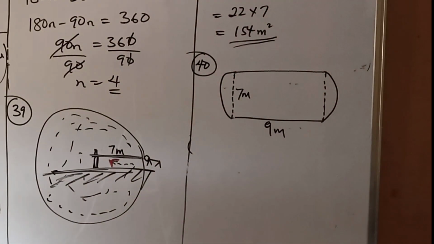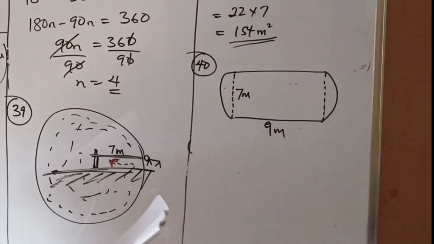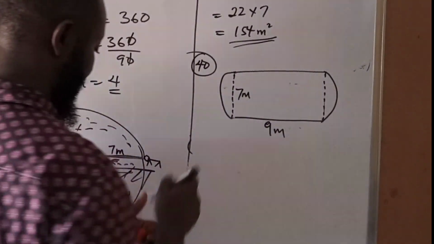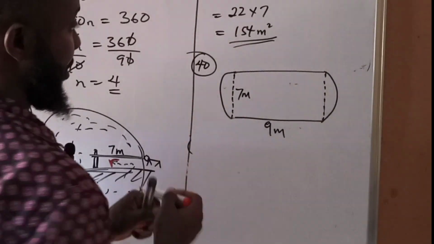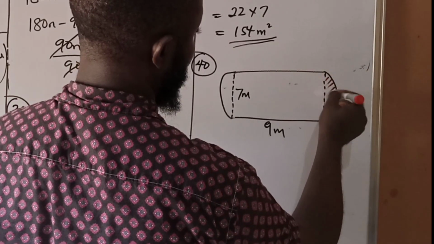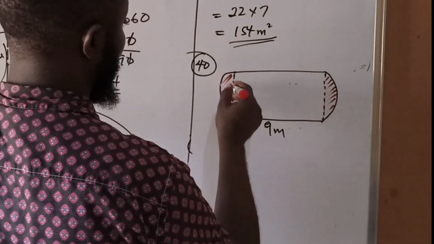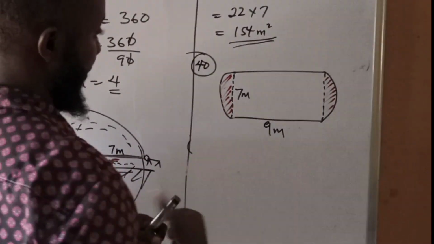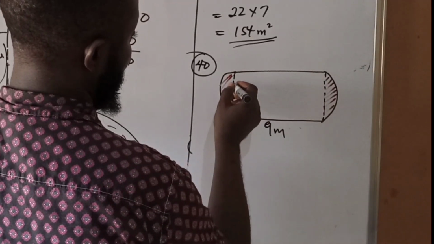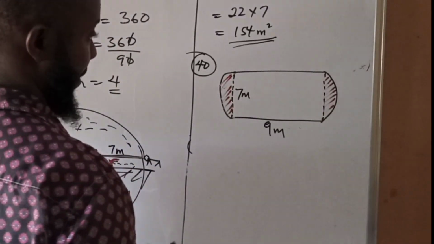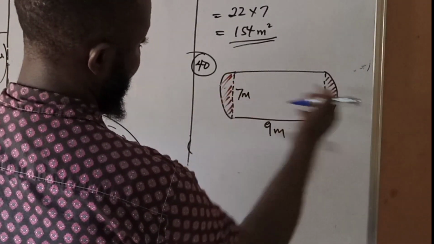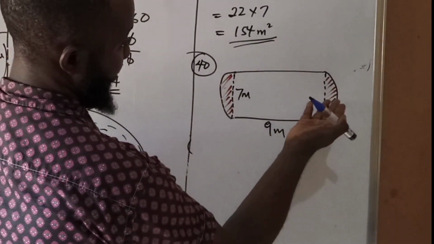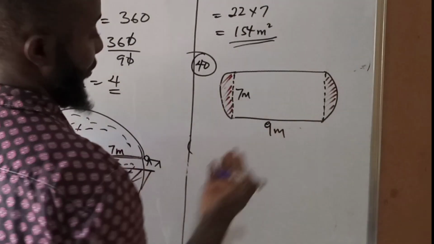The figure below is a sports field with a semicircular area at each end. This is a semicircle, and this is a semicircle. So we want to get the area of this field now, which is the area of this rectangular space plus the area of this semicircle plus the area of this semicircle. Since they are of the same diameter, it is assumed that we have a circle.